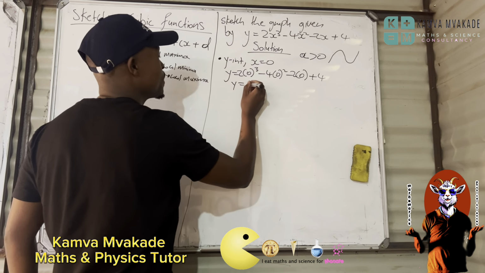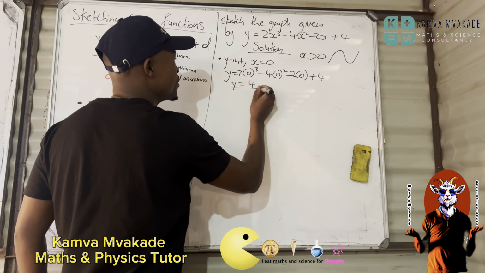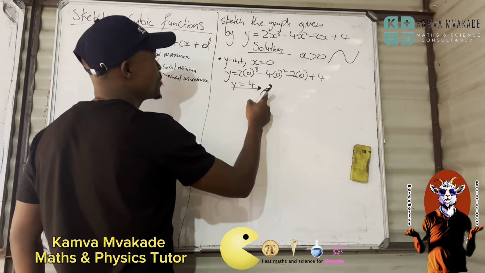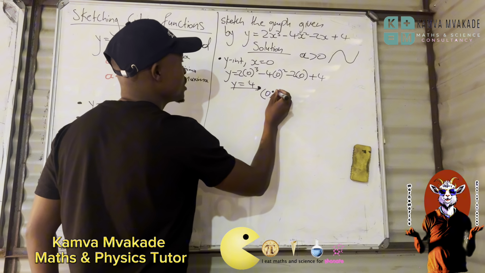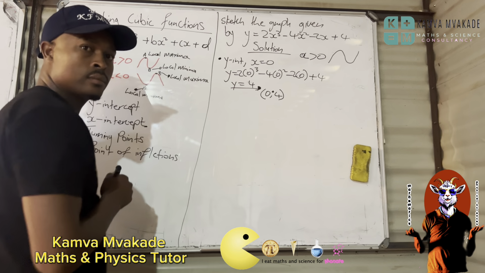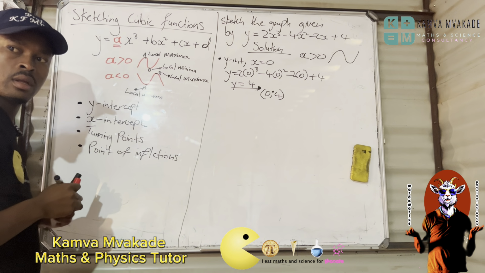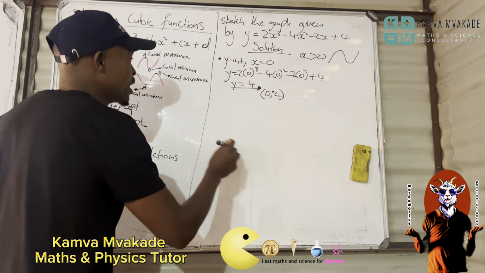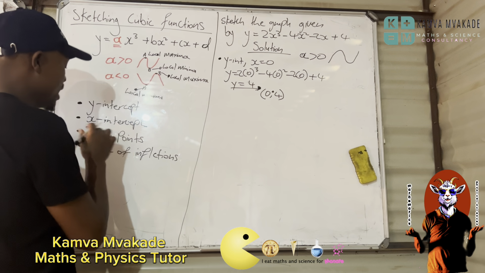So y is 4. Our y-intercept point is (0; 4).